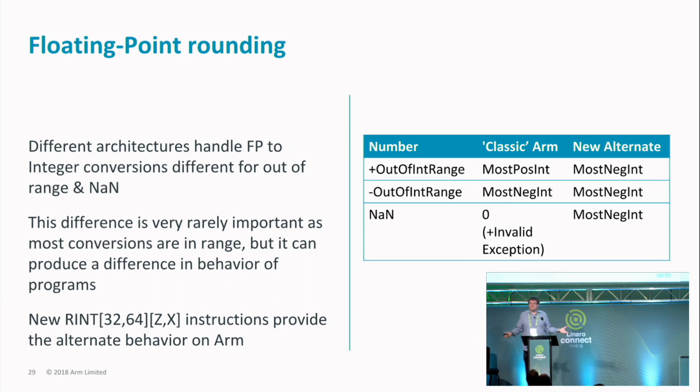Normally this difference isn't very important because we're handling numbers that are in range and we can represent, and everyone agrees on how to do that. It's the extremities where people have differences. But there are cases where this difference produces a difference in behavior of programs, and that's not what you want if you're porting your code from one architecture to another.